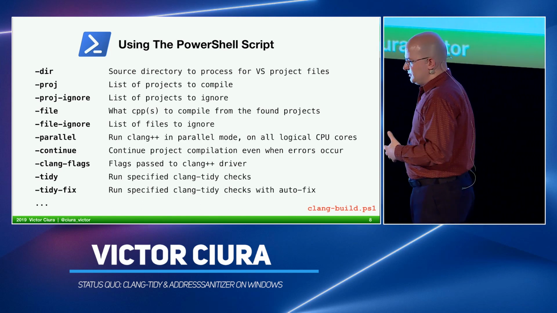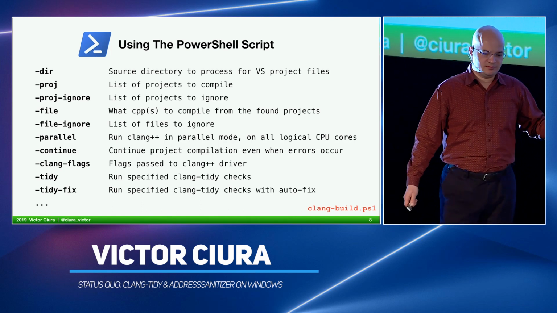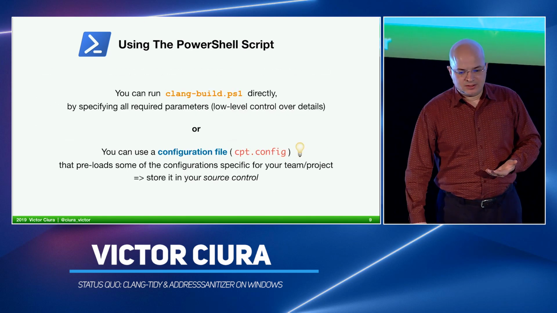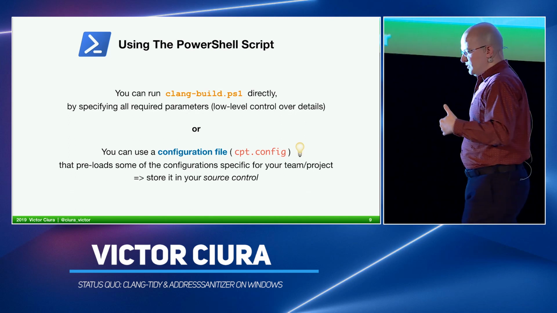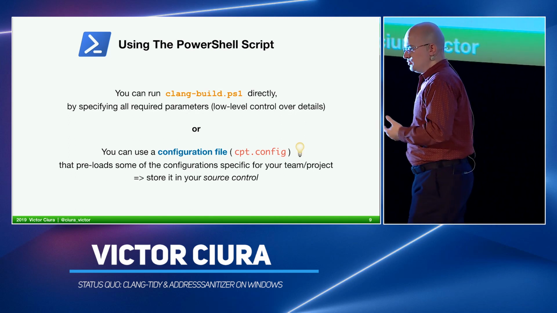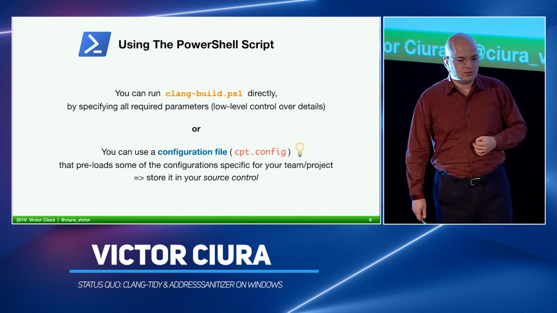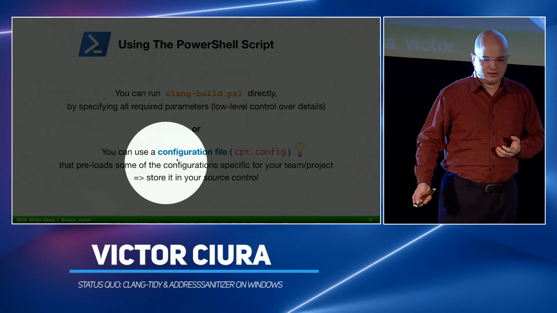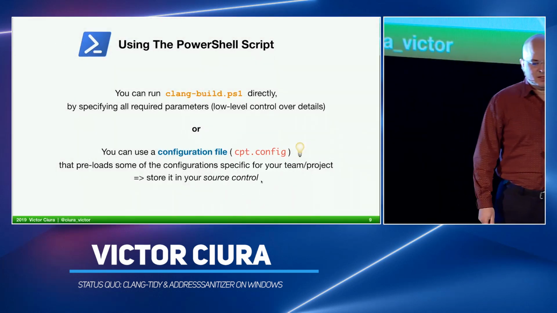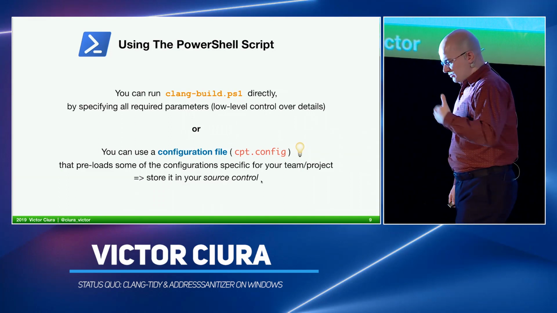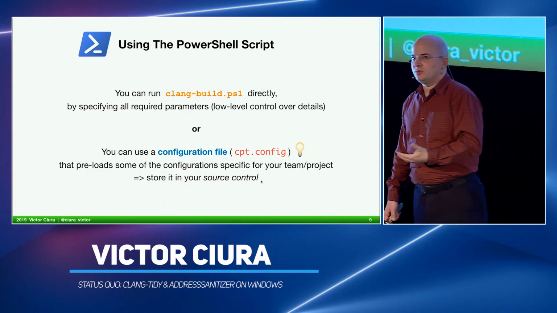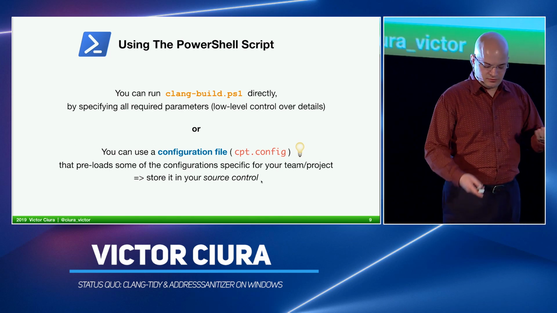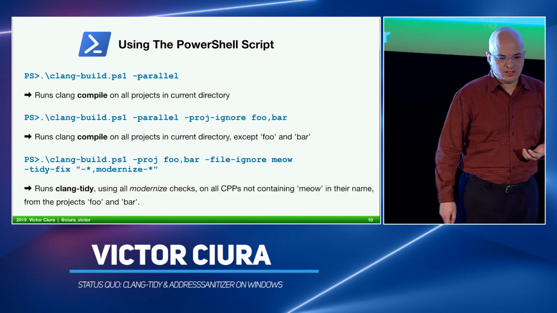It's highly configurable. You can run it through the PowerShell command line interface, but usually what we found works best for us and most of the users out there is using a configuration file, this Clang CPT config file, and there you can predefine all the parameters that are specific to your projects, and you can store this file in source control, you can share it with the team, and so on.